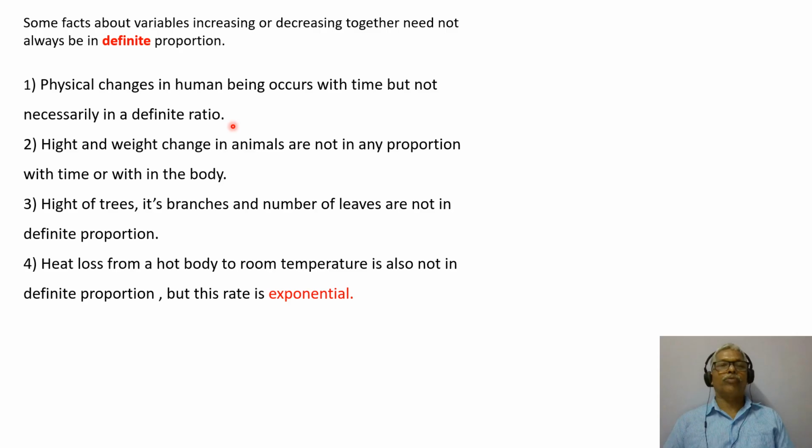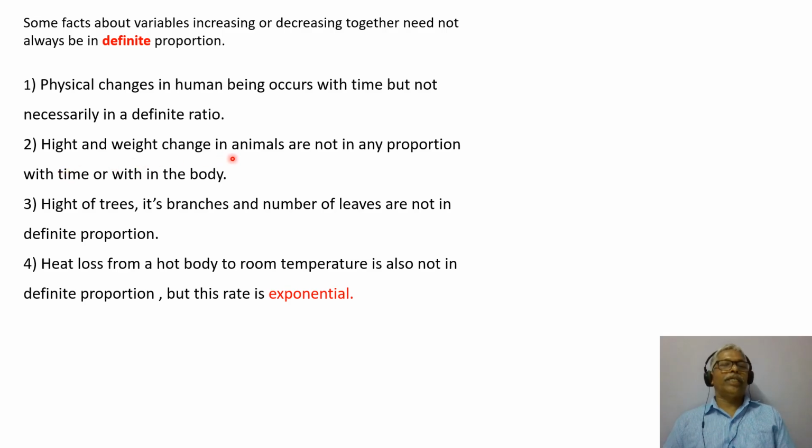For the first 10 years, your height might be something, and then it suddenly increases, not that every year it increases in the same ratio.